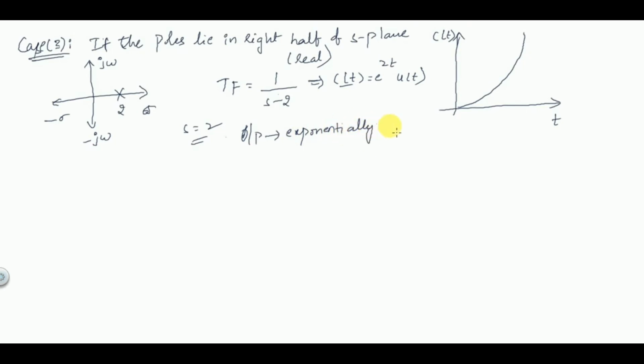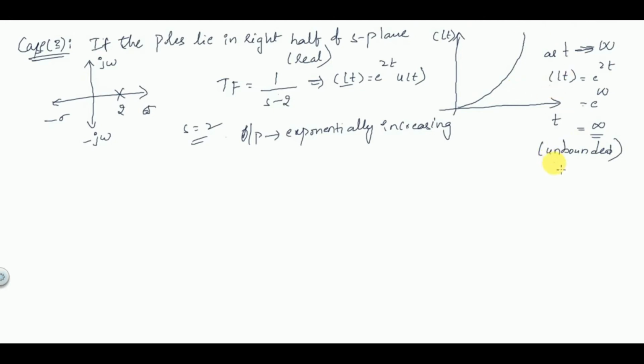As t tends to infinity, c of t is e power 2t, so it is e power infinity, which is also infinity. That is, it is unbounded.